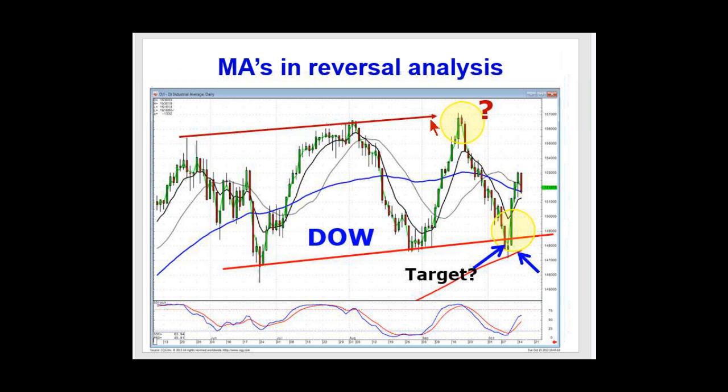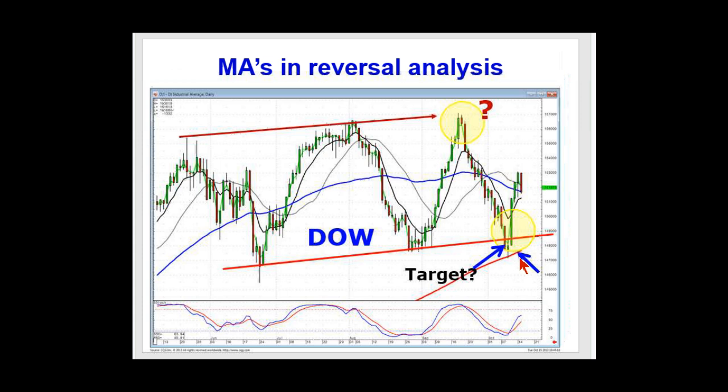So when you get that far away from the T-line, and you can see they're getting pretty close to the top of that channel, we can be prepared to take profits, knowing that if we see selling, at least they're coming back to the first target, the T-line. Then we can see what it does from there. But this at least alerts us to get ready to take some profits if you start seeing some weakness.